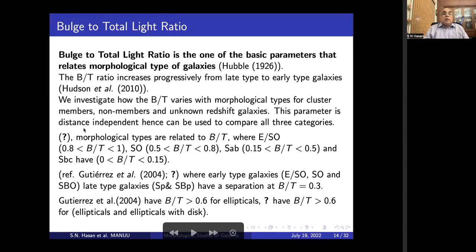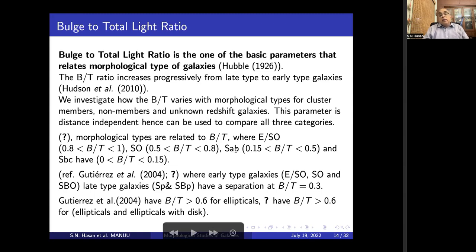This parameter is distance independent, hence can be used to compare all three categories. For ellipticals, your B by T lies between 0.8 to 1. For lenticulars, the bulge to total light lies between 0.5 to 0.8.